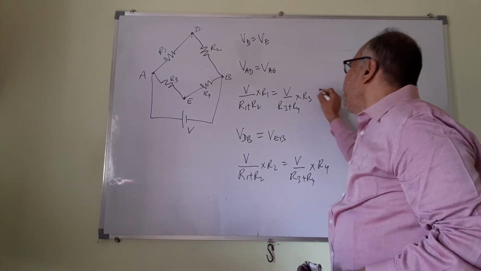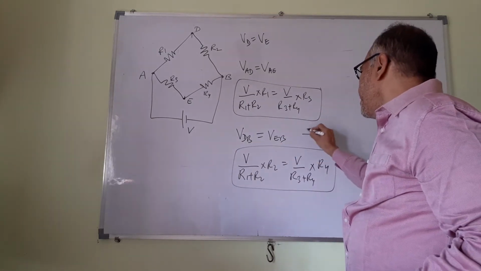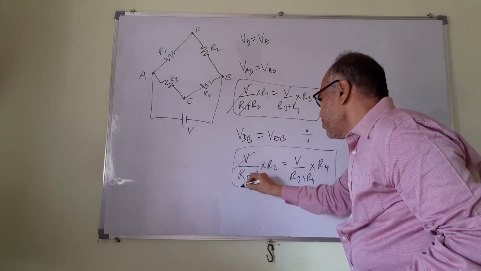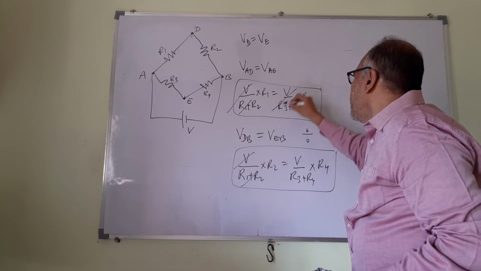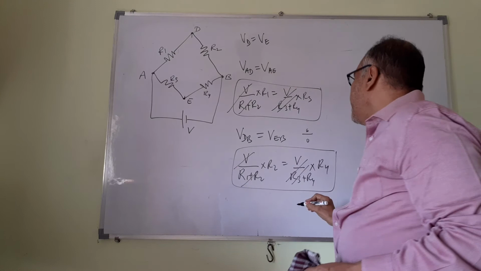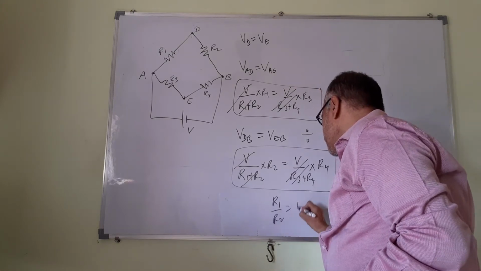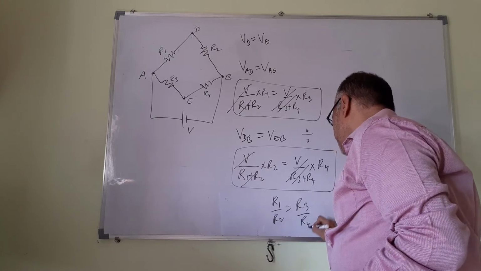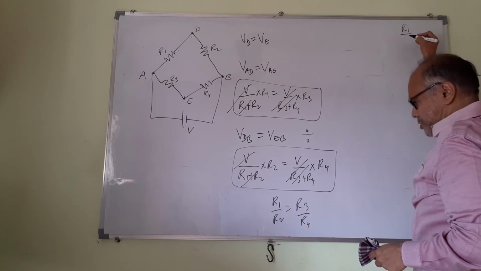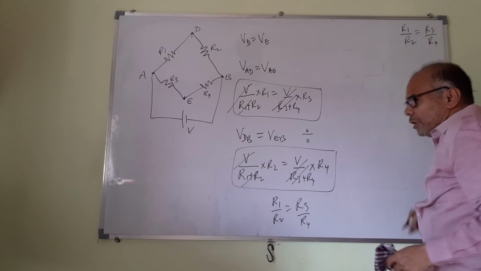Now let's simply divide these. If you divide both these, V by R1 plus R2 cancels, V by R3 plus R4 cancels, and you will be left with R1 by R2 is equal to R3 by R4. Let me write this result here. R1 by R2 is equal to R3 by R4.